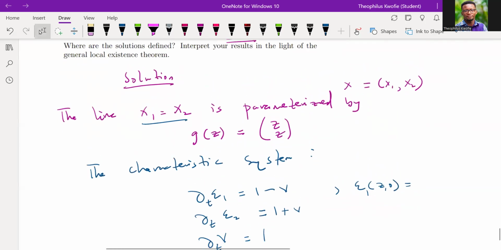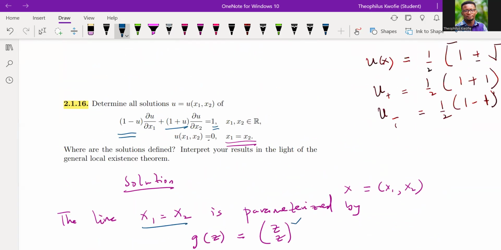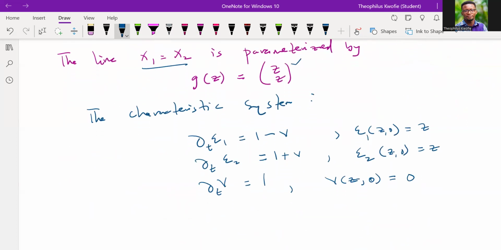The initial condition for xi1 corresponds to the first component of g, and that is z. The initial condition for xi2 corresponds to the second component of g, and that is also z. And what about the v? It corresponds to the initial condition here, which is 0. The v would always correspond to that.